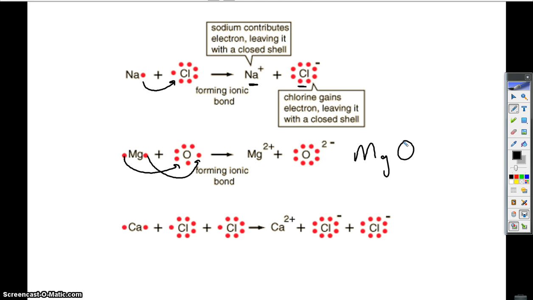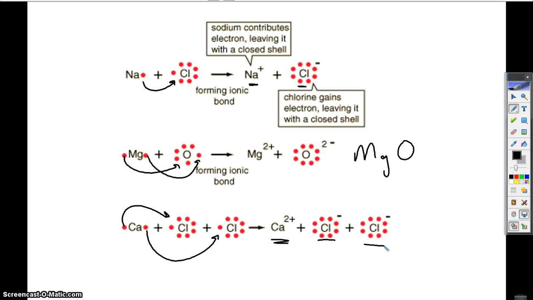How about calcium and chlorine? What if the number of electrons that one is willing to give up and one wants to receive aren't the same? Well, we have the case here. Calcium has 2 extra valence electrons that it will give up. One can be grabbed by a chloride ion. The second can be grabbed by a second chloride ion, and so we get the calcium ion and 2 chloride ions.